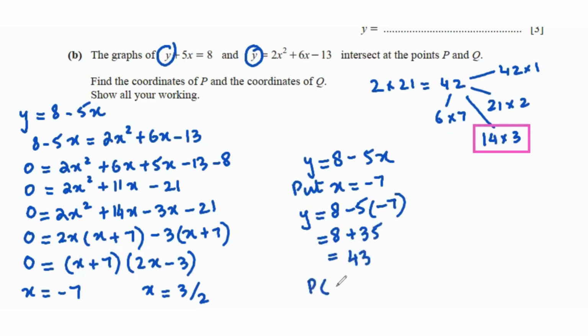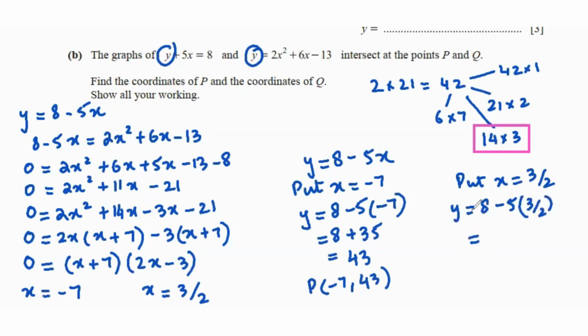So let's say P is (-7, 43). And when we put x equals 3 by 2 in this, y equals 8 minus 5 times 3 by 2, and that's going to give us 1 over 2. So Q is (3/2, 1/2). These are the coordinates of P and Q.